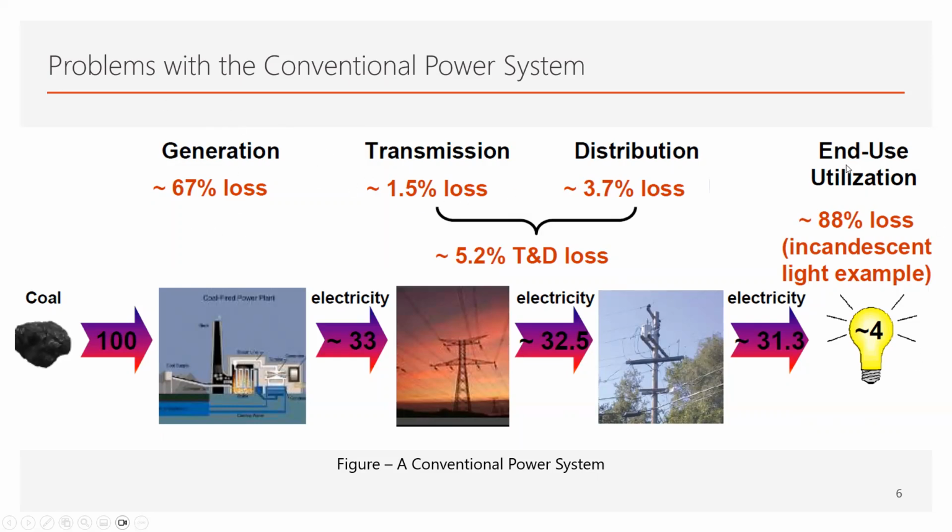And in the case of end user utilization, if we don't have very good loads, if we have an incandescent lamp like this one, these light bulbs generate 88% heat and only 10 to 12% light.